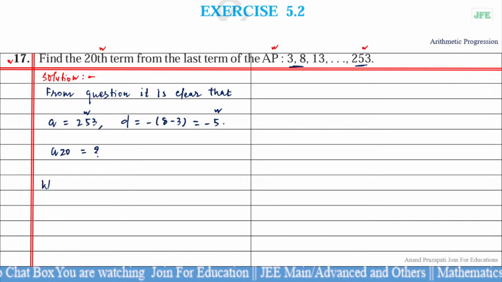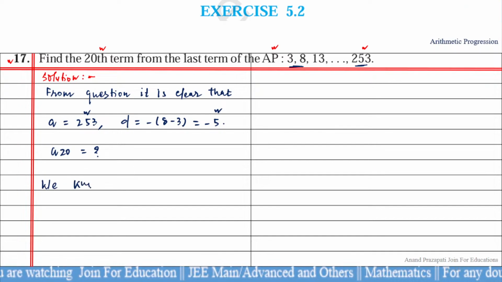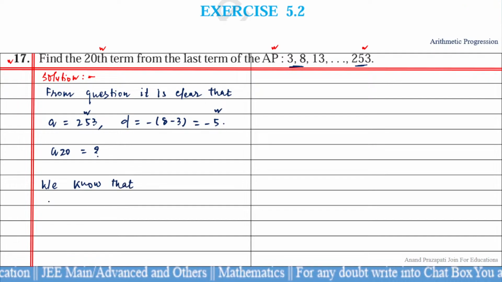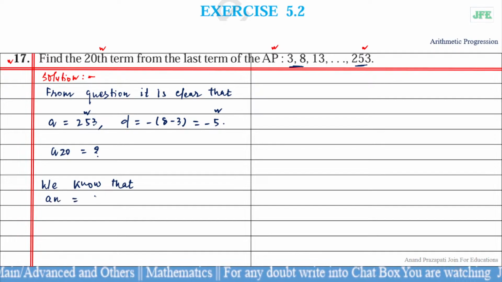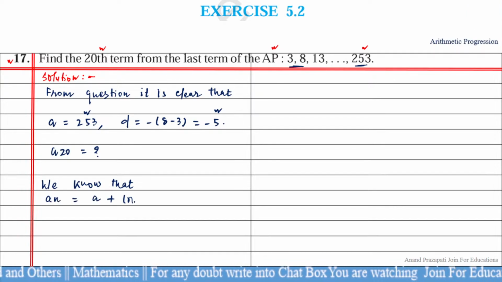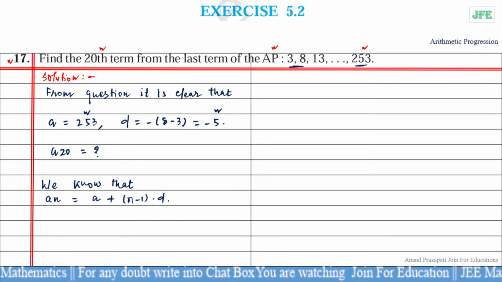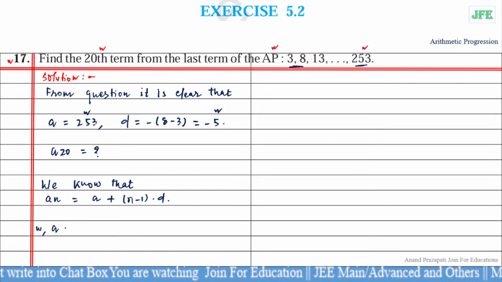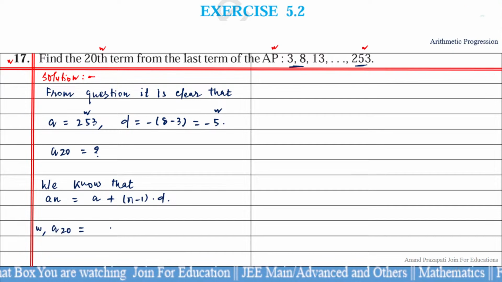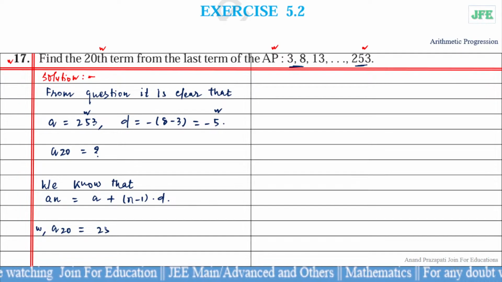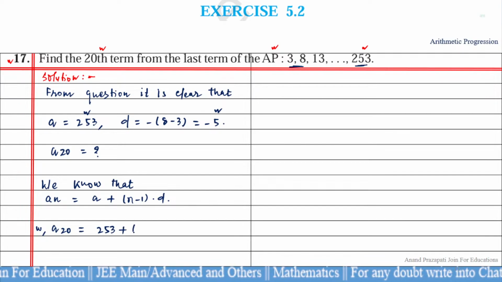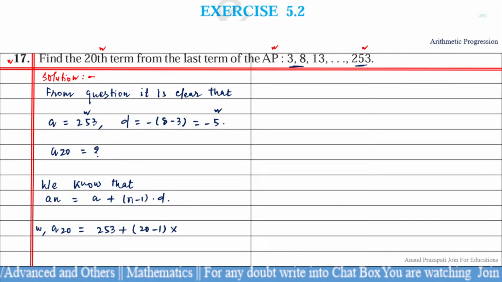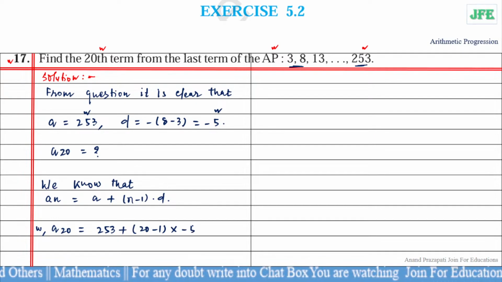We recall the formula: we know that An equals A plus n minus 1 into D. So instead of n we have 20, so A20 equals 253 plus 20 minus 1 into the value of D, which is minus 5.